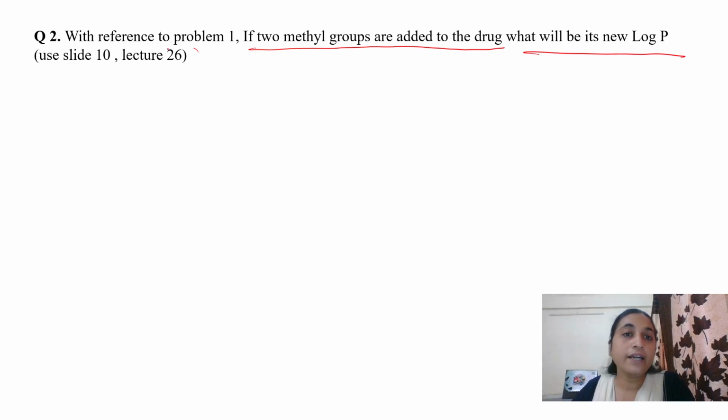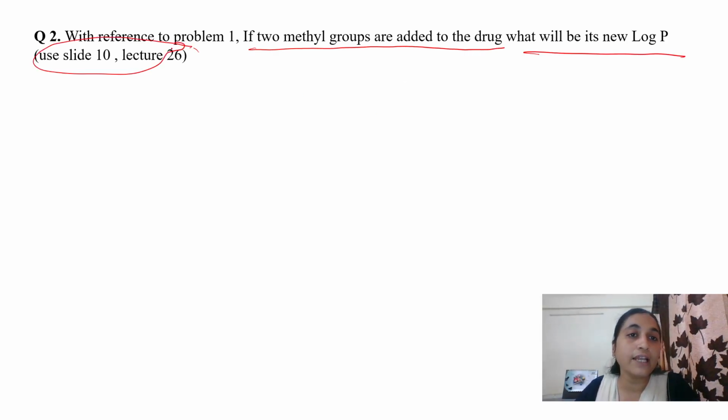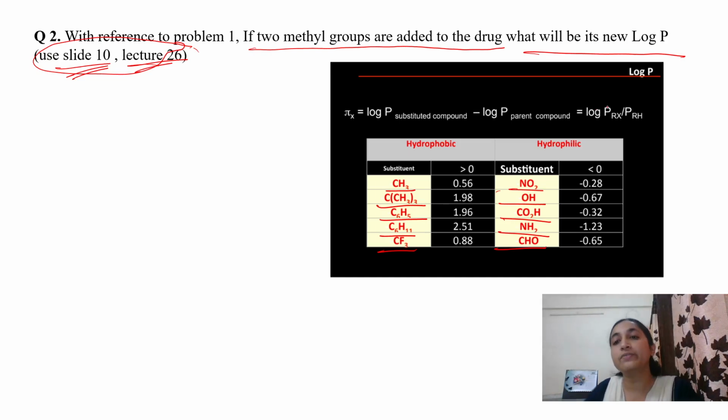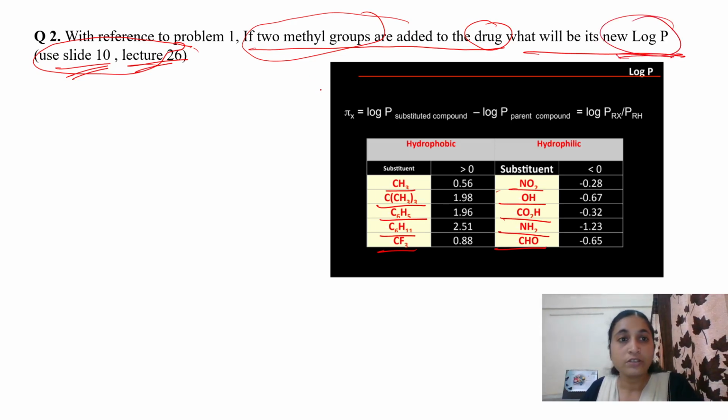And the clue is given: use lecture 26 slide 10. On slide 10, the log P values of different groups are given: methyl, nitro, hydroxy, amine, CHO, all groups. So in this question, we have to add two methyl groups to the drug and then find out the new log P value.